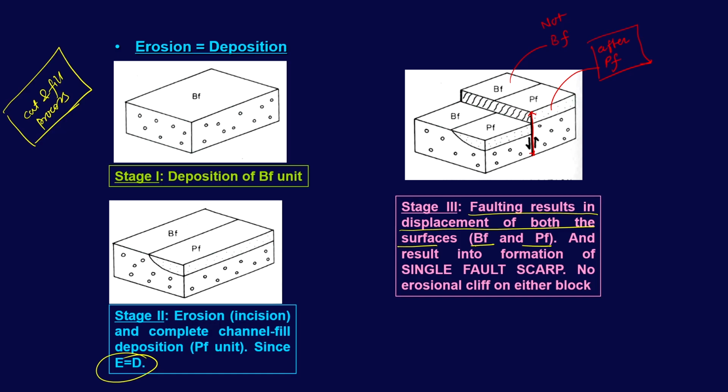So we see a single fault scarp which has been developed. Okay, but this was after the erosion of BF and deposition of PF, where everything has been leveled at the same height, because the cut and fill process has done that. Erosion is equal to deposition. Okay. So this is a single event scarp.